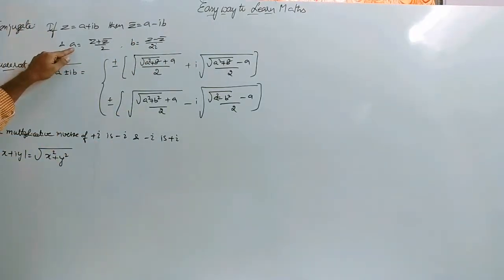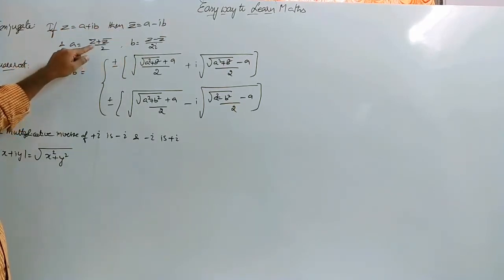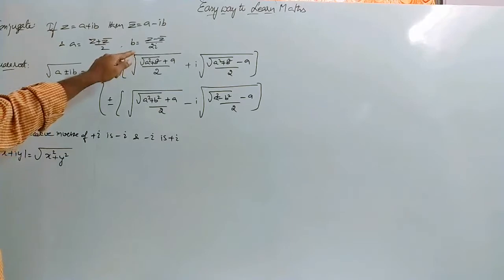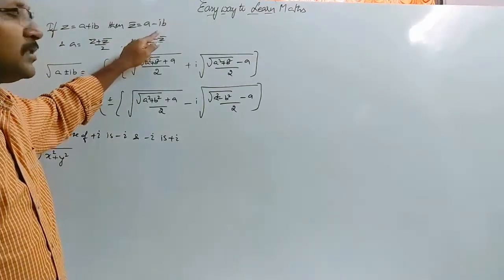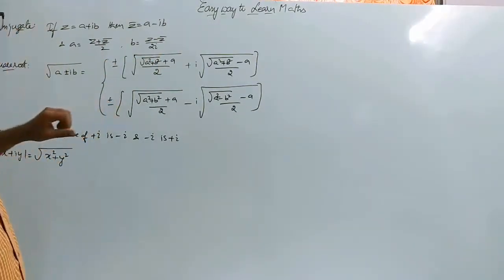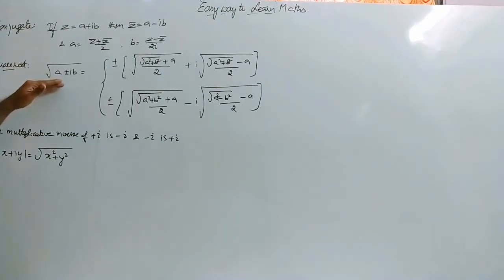and a, the real part, is derived by using z and z bar: z plus z bar by 2, and b is equal to z minus z bar by 2i. Now the square root of a complex number a plus ib, as well as the square root of a minus ib.